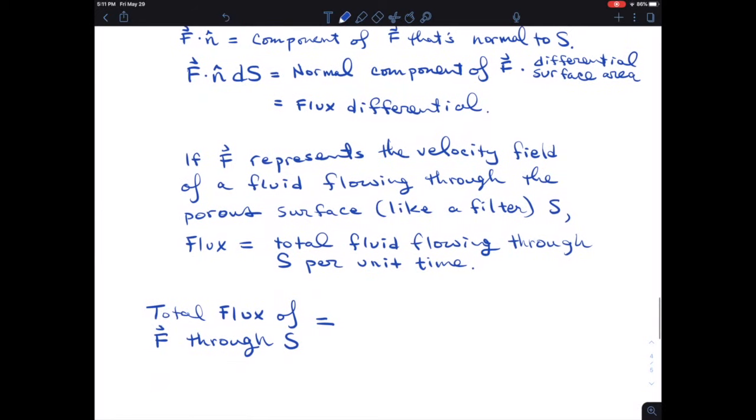So you do a double integral across the surface of F dot the unit normal dS, like that. But the unit normal times dS is just the dS vector differential. So like this, F dot dS this way.